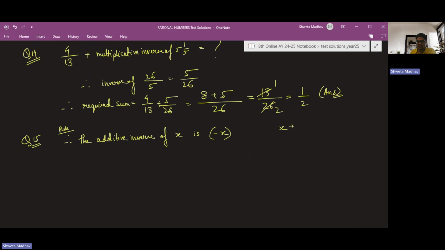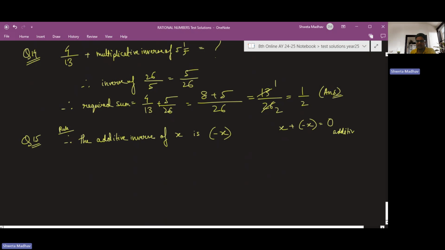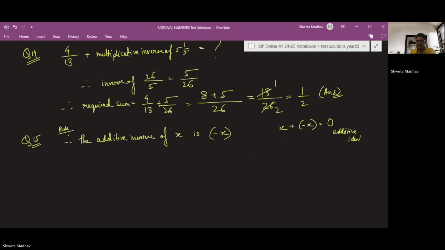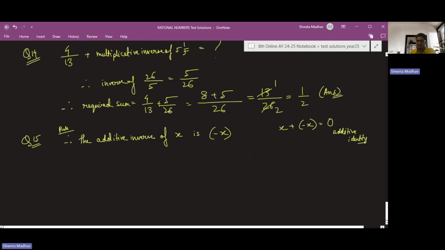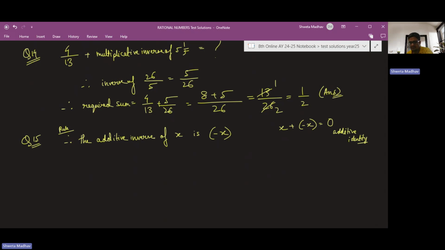Since if we add x and minus x, then we get 0, which is the additive identity. So hence minus x is the additive inverse of x, and also we can say x is the additive inverse of minus x.